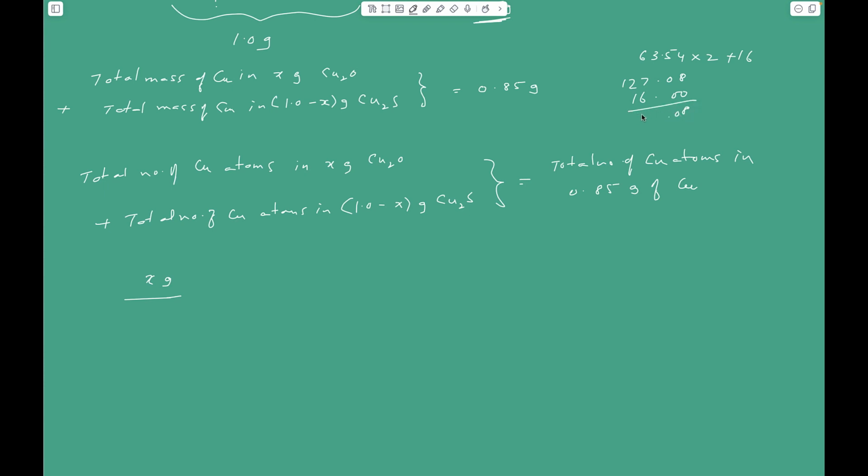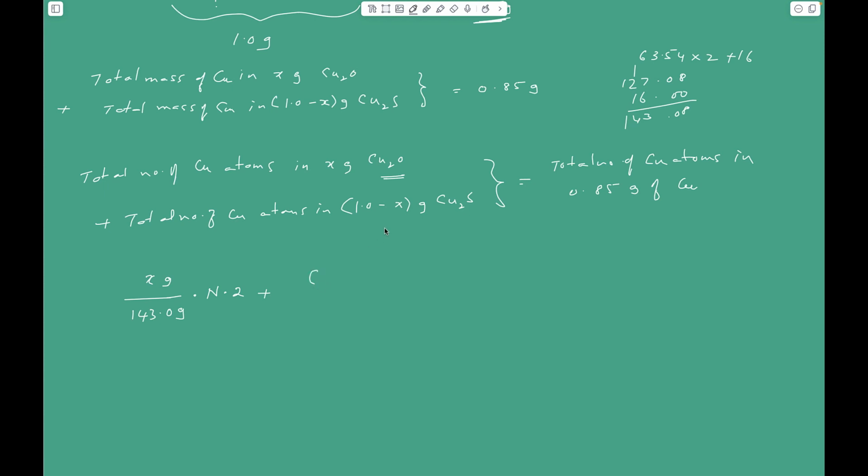It is approximately 143 grams, and that gives the total number of moles of cuprous oxide. To get the total number of formula units of cuprous oxide, multiply it with Avogadro's number. And if you want the number of copper atoms, in each formula unit of cuprous oxide there are 2 copper atoms, so you have to multiply it with 2.